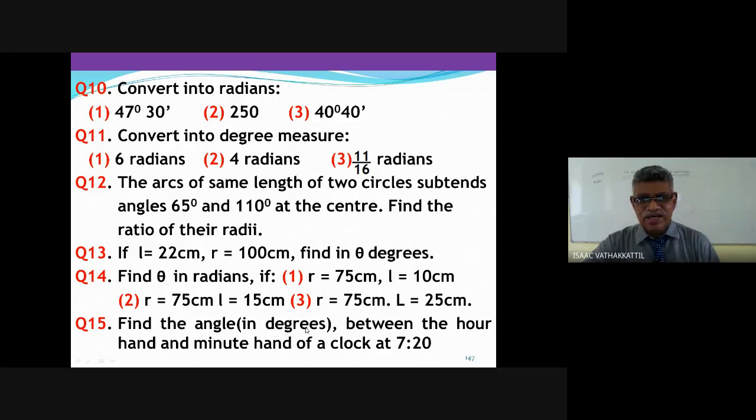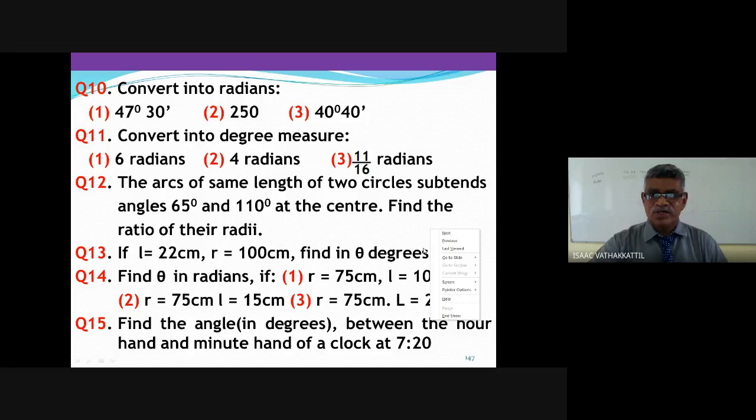Find the angle in degrees between the hour hand and minute hand of a clock at 7:20.